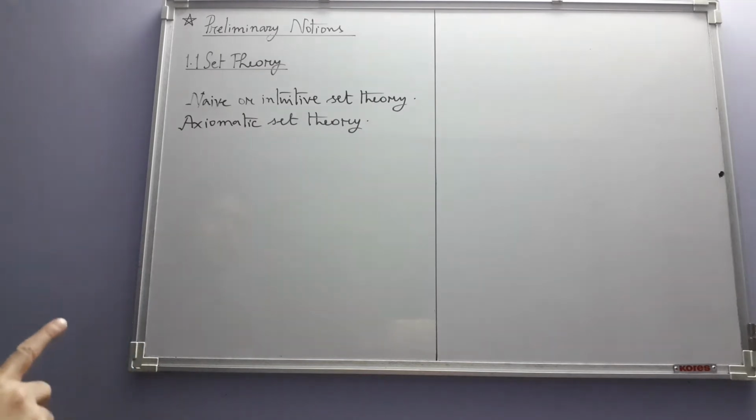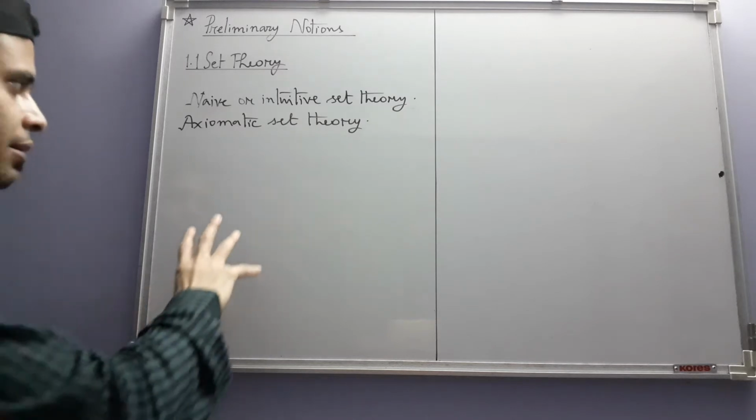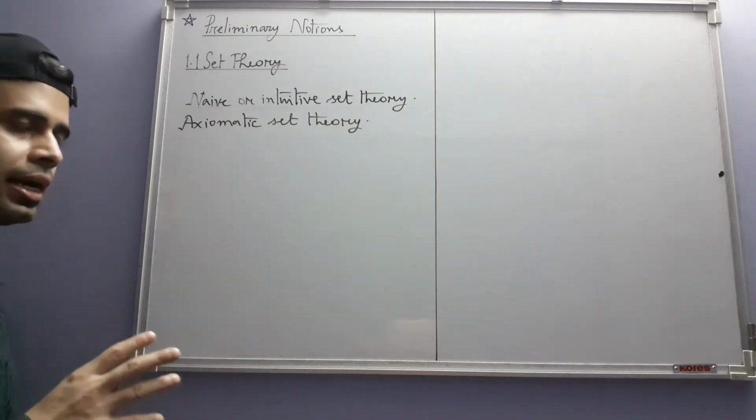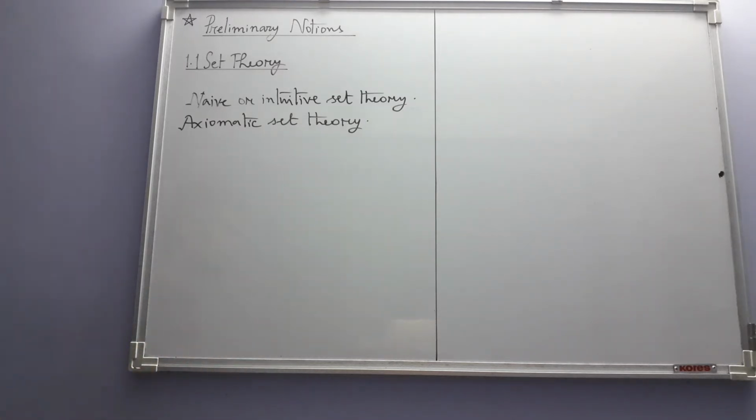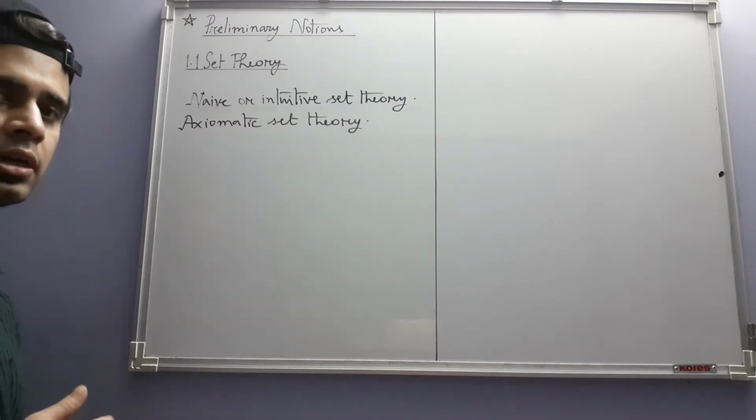Now the thing with naive set theory is that at one point we come across something known as Russell's paradox, namely a situation where a collection is so large that the basic rules of set theory start to break down. It cannot be called a set.